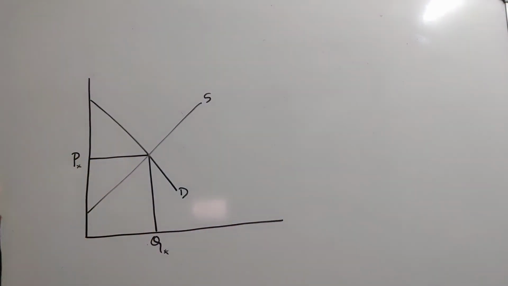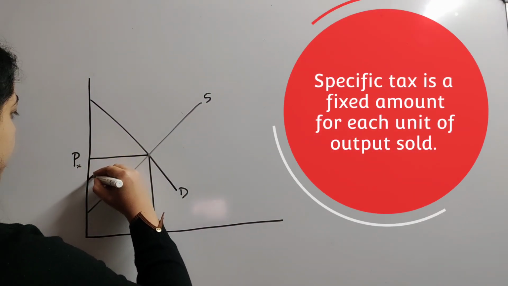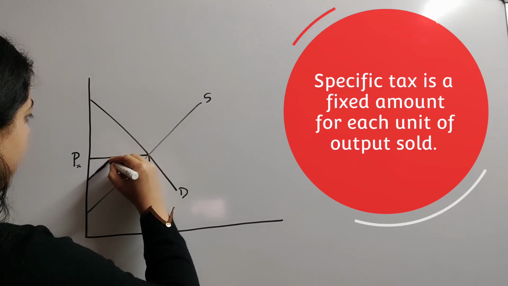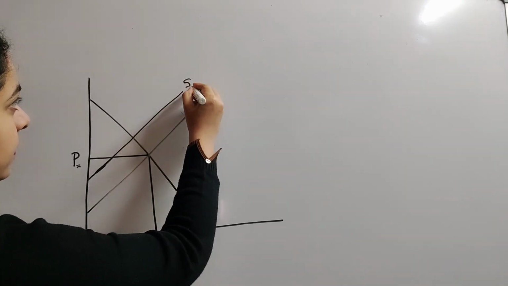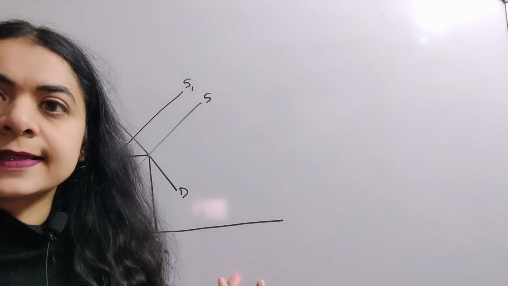For example, let's say $5 on each packet of cigarettes. So as a result of specific tax, the supply curve will shift upwards parallelly like this. So this is the new supply curve after the imposition of specific tax.